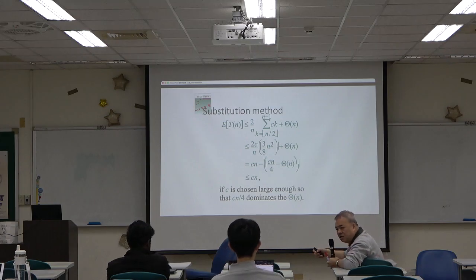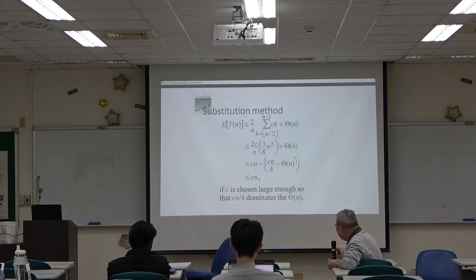Okay, so basically here, all we are talking about is that we are able to use induction to prove that the expected time complexity for this randomized algorithm is linear. It's linear, which is very nice, right?